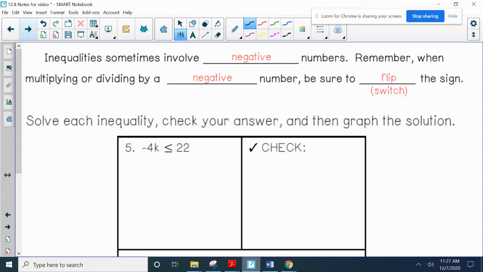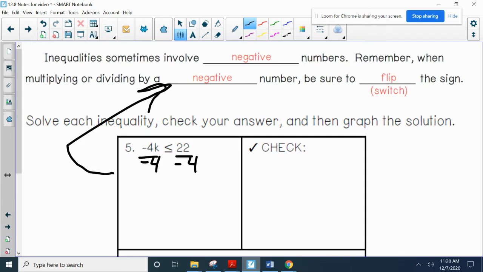So on 5 here, we have negative 4k is less than or equal to 22. We know in order to get rid of multiplication, we're going to divide. So we are dividing both sides by a negative 4. So this is what I was talking about right here. We are dividing both sides by a negative 4.